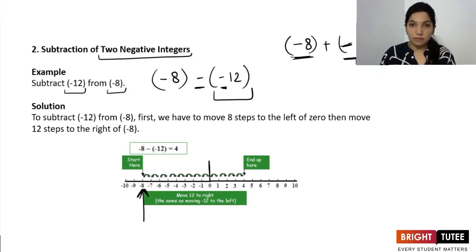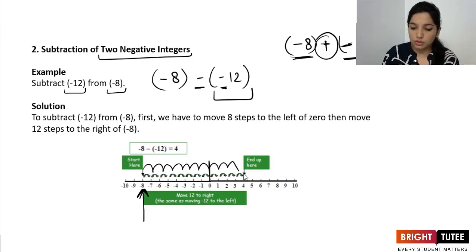But here, because we have minus of minus 12, because of this plus sign we were moving to the left, now we'll do the opposite. We'll move to the right side. So we move these 12 steps to the right, and where do we land? We land on 4. So we do just the opposite in the case of subtraction.